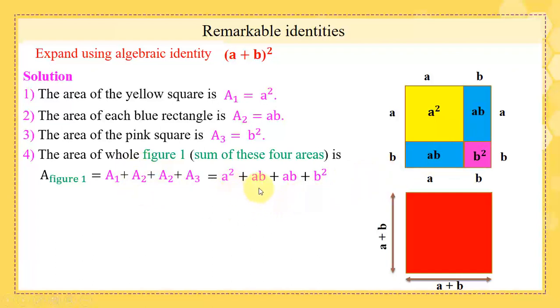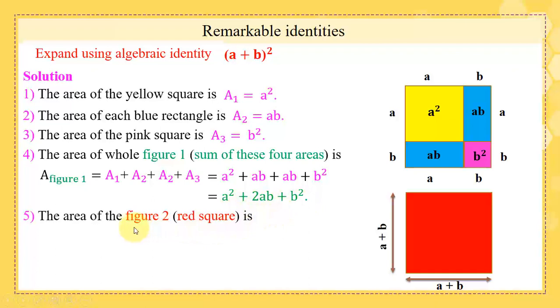We get a squared plus ab plus ab plus b squared. ab plus ab can be added since they are similar, so we get a squared plus 2ab plus b squared. Area of figure 2 is equal to side squared, since figure 2 is a square.